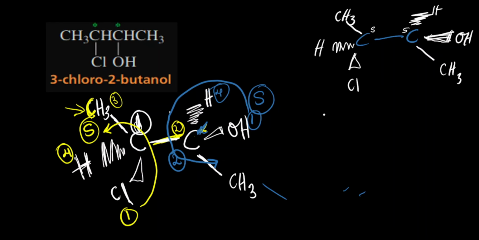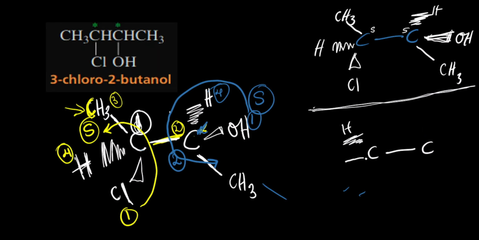Now let's take a mirror image of what we have here. The left becomes the right, and the right becomes the left. We'd have our carbon, carbon, with a dashed wedge here with the hydrogen, and a solid wedge with the OH.